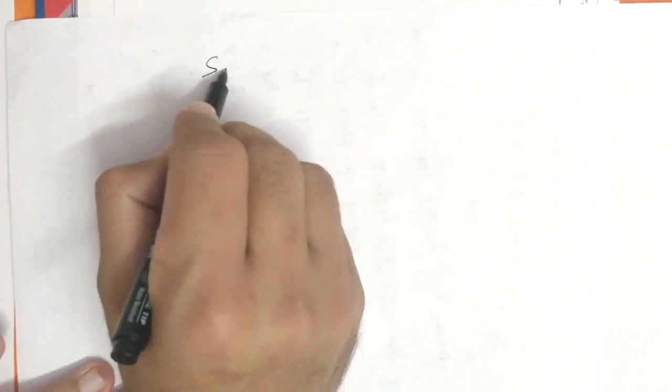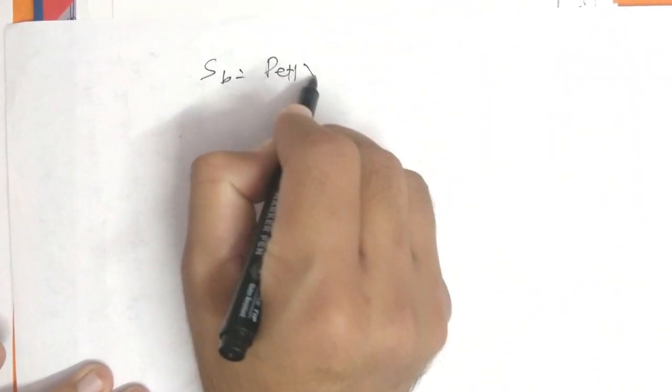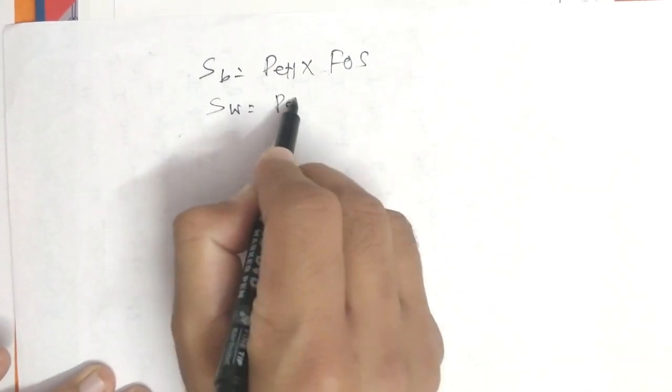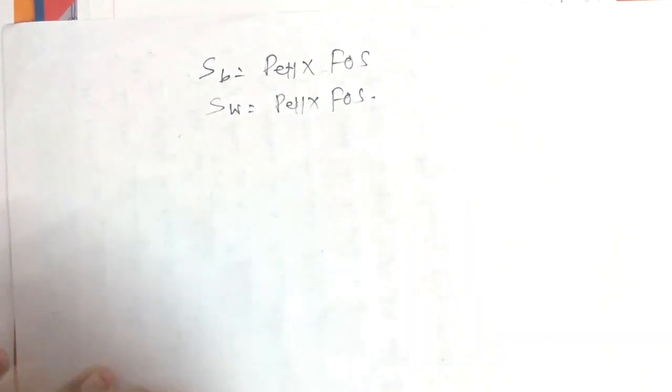So SB is P effective multiplied by factor of safety, and SW is also P effective multiplied by factor of safety.